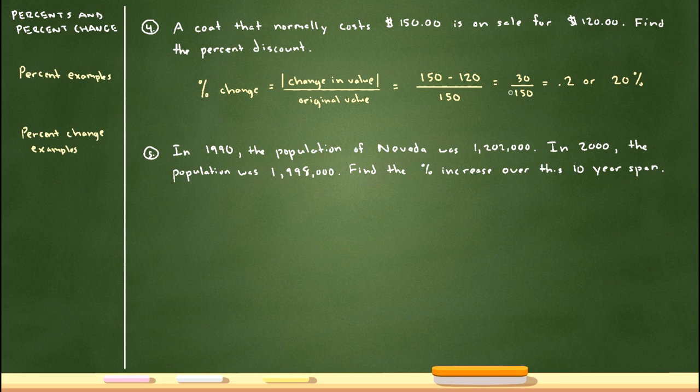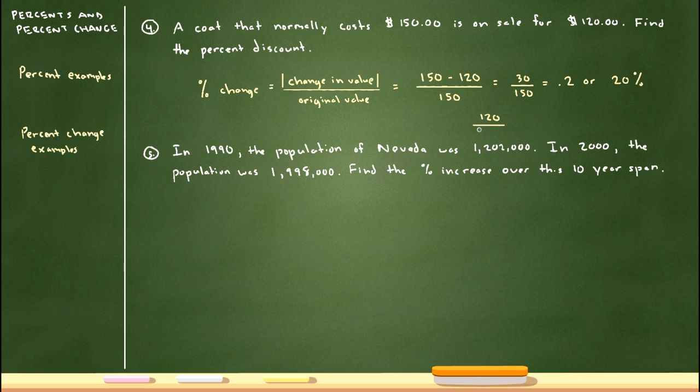Now, another way you could think about this is, let's see. So, all right, so this is one way. Now the other way, we could say, well, 120.